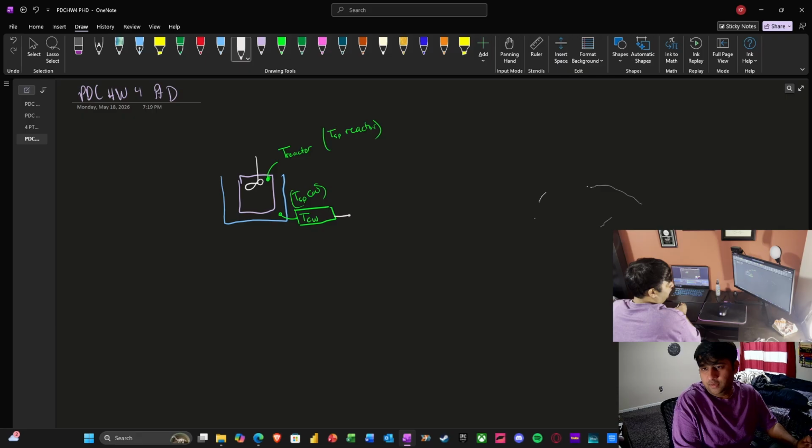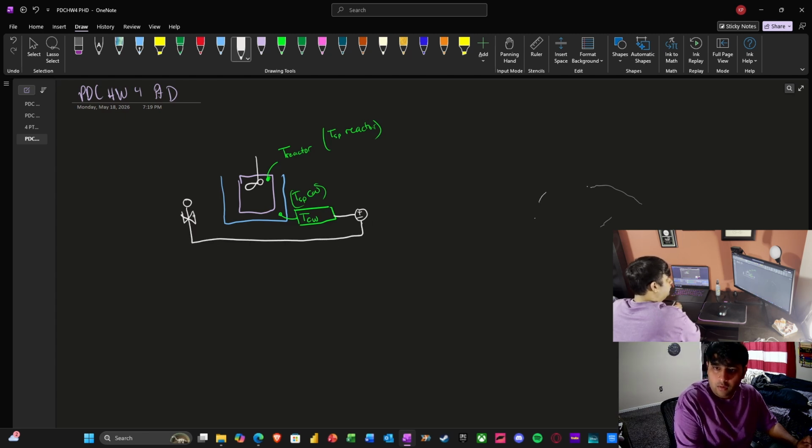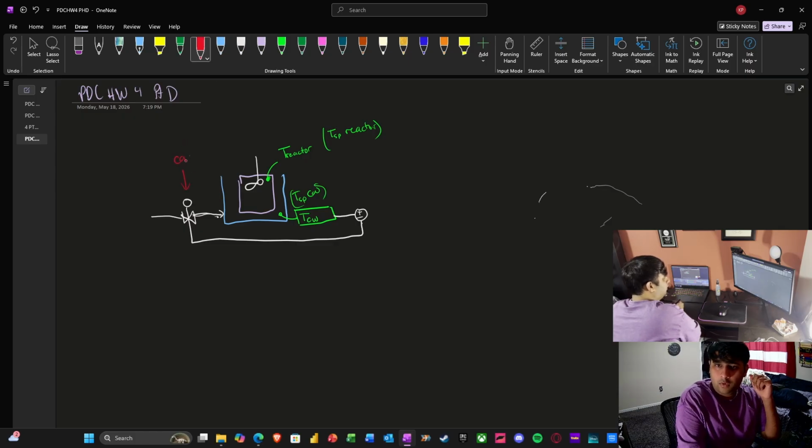which is going to be connected to a controller, which basically feeds right back to a control valve. So I have this control valve, which is going to be representing the inlet to our cooling water, and this is going to be our cascade controller.